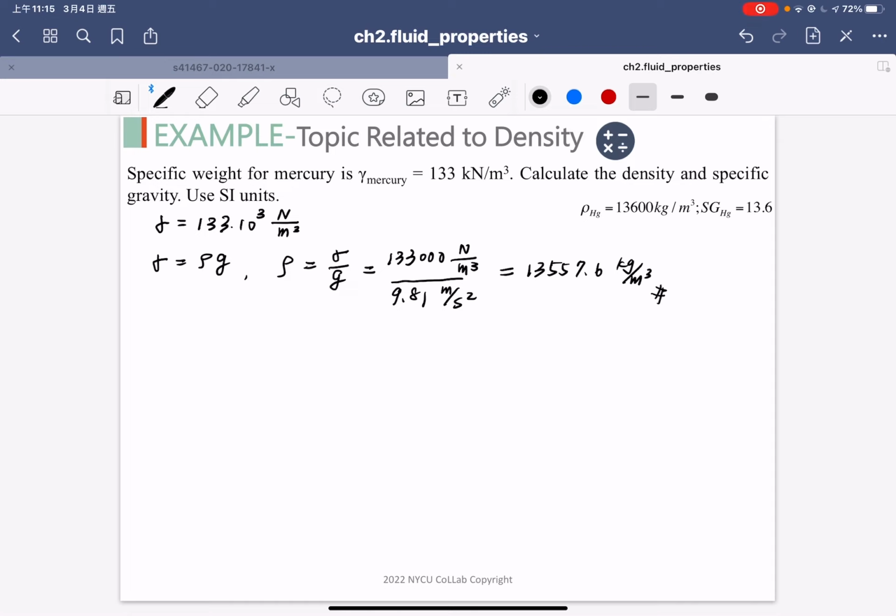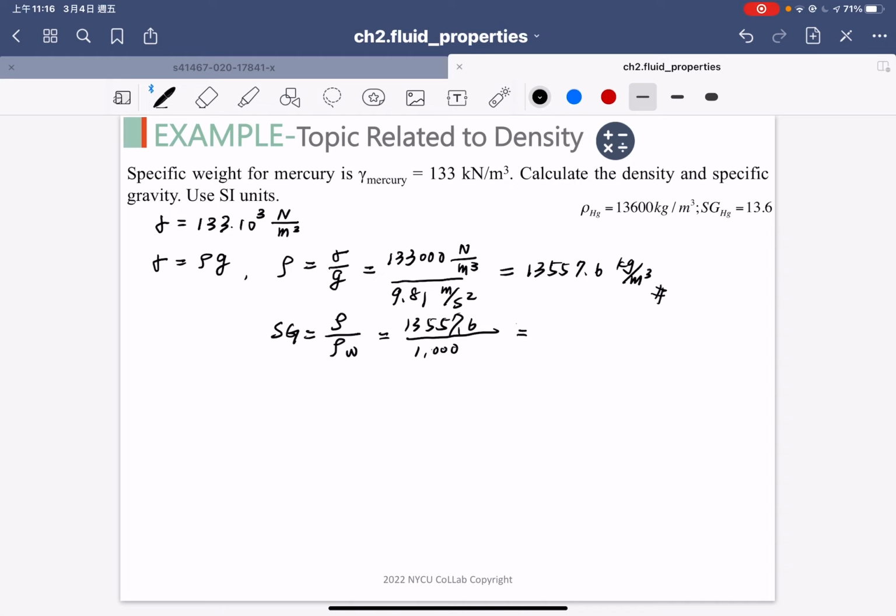And then the second question is the SG. Because we already have the rho, we can simply compute the SG value by the ratio between rho and rho_W, where rho_W is the density of water. As we know, the water's density at 4 degrees is around 1,000.